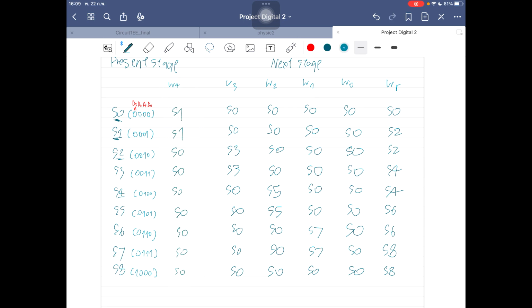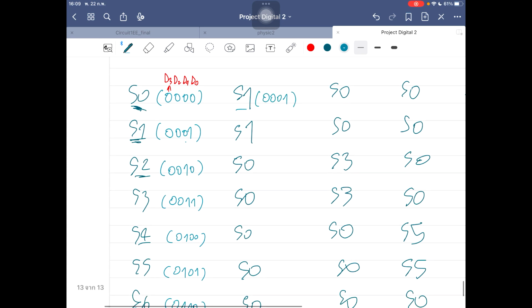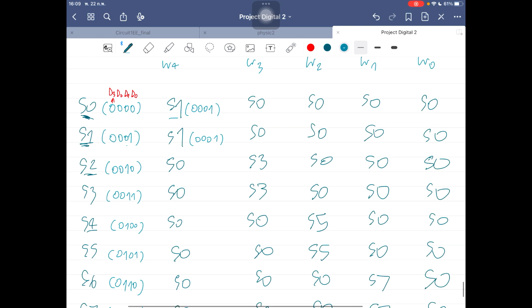From the first, state 1 is named 0001, then write it here. State 0, then we write 0000 from here to here.